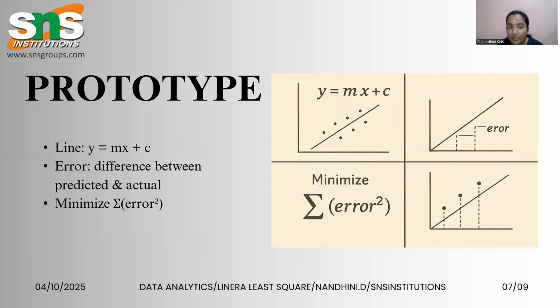Next one is the prototype. In this, you need to create a small testable version first. So what are the things he needs to test? For example, he needs to build some sample regression models using the past 3 months or past 6 months of data.